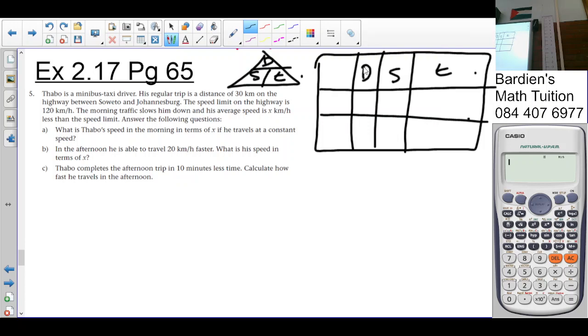His regular trip is a distance of 30 kilometers on the highway between Soweto and Johannesburg. Okay? So his return trip, of course, is Johannesburg to Soweto.